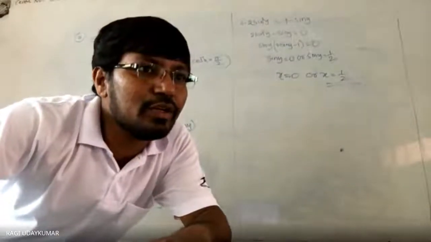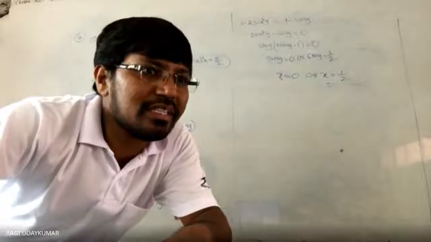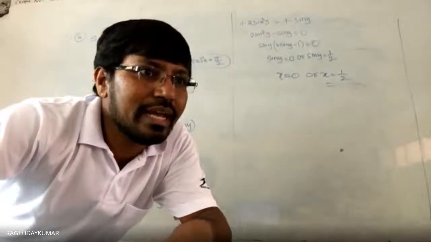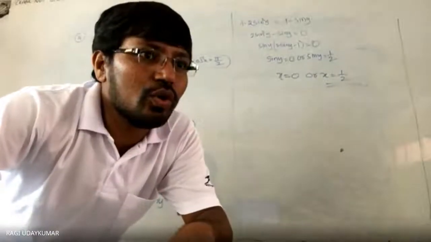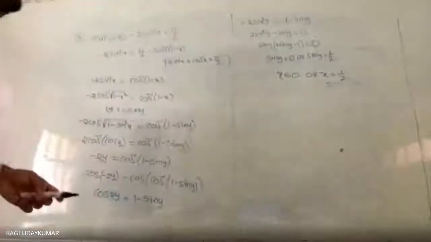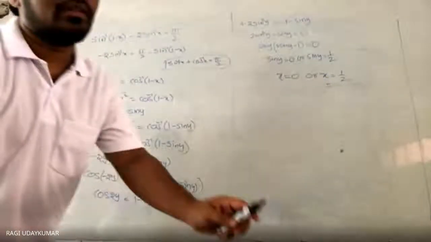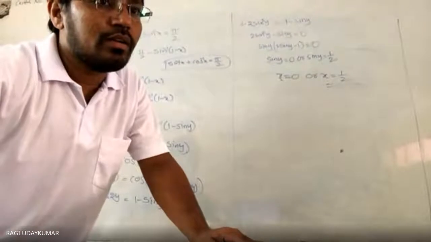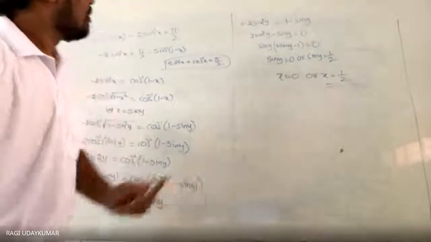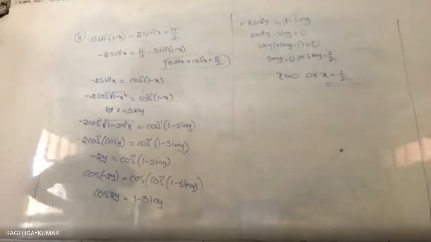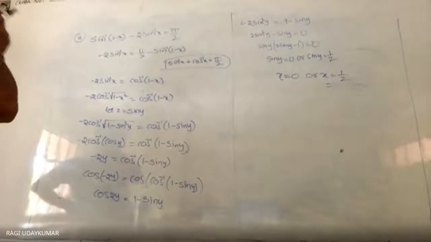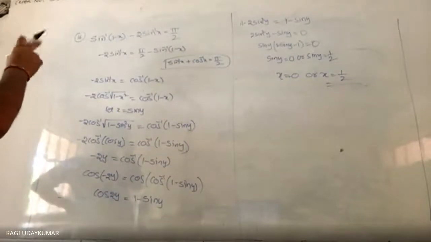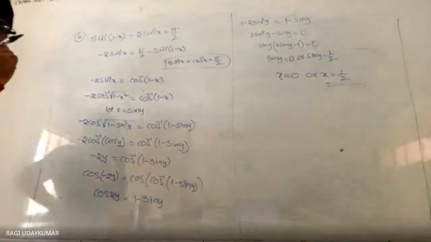X value, x is equal to. So the options are given to you: 0 is the answer. X is equal to 1 by 2 can be taken: sin inverse of 1 by 2 minus 2 sin inverse of 1 by 2.